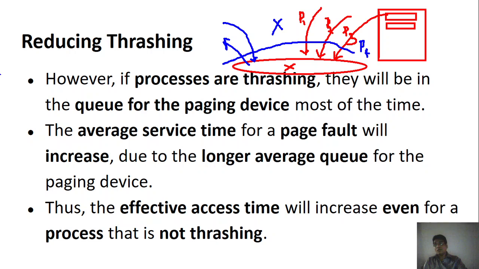What is the meaning of service time? The service time that is required to serve a process keeps on decreasing. Not only that, the processes which have generated page faults, their service time also decreases, because the secondary devices, the so-called swapping devices, are so busy trying to fulfill the requests. Okay, so how to reduce that?